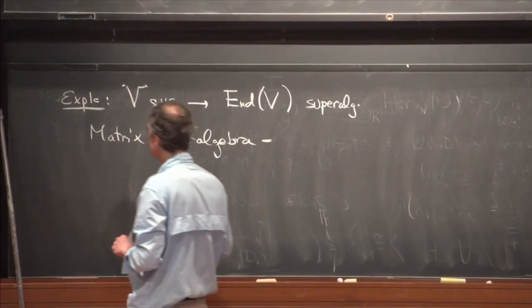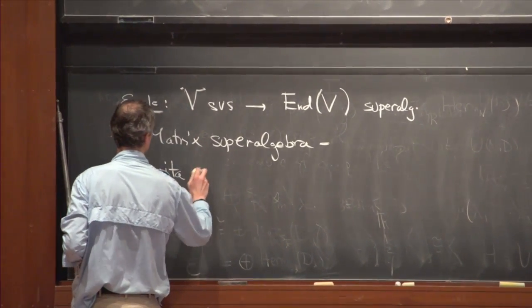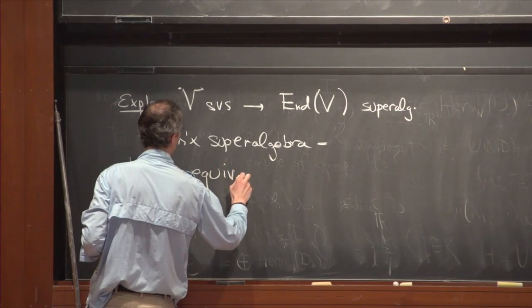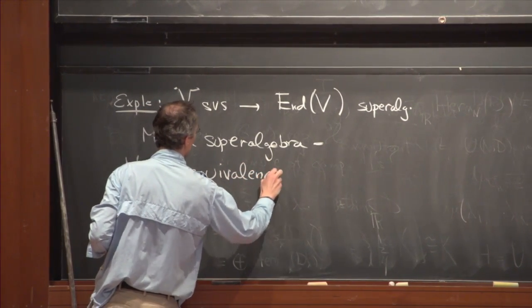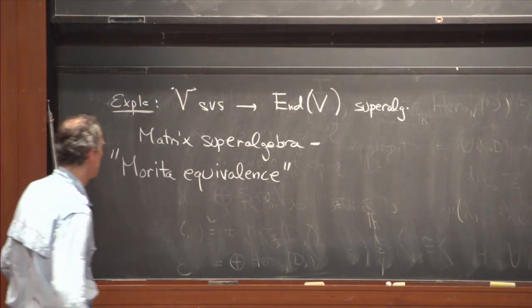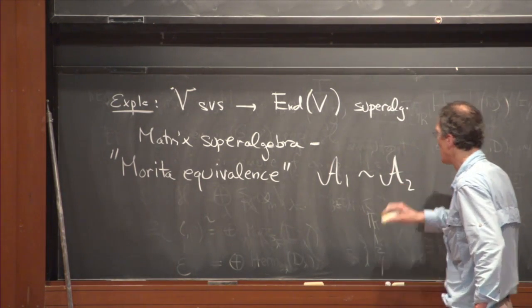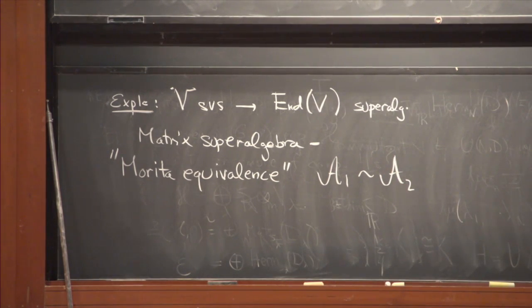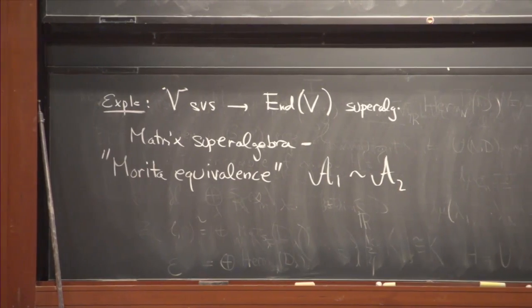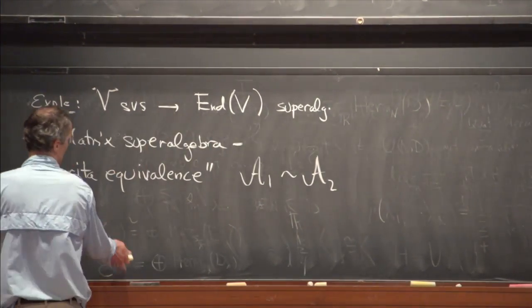That is the concept of Morita equivalence. Now, the proper way to define Morita equivalence is to say that two superalgebras are Morita equivalent, A1 is equivalent to A2, if their representation theory is the same. Technically, if there's an equivalence of categories of representations. But we don't need that.